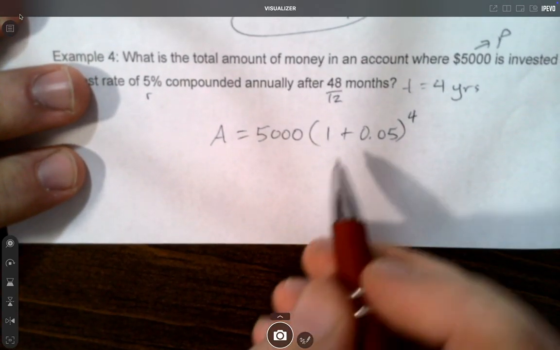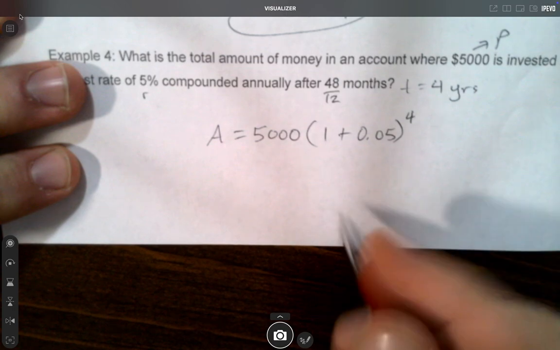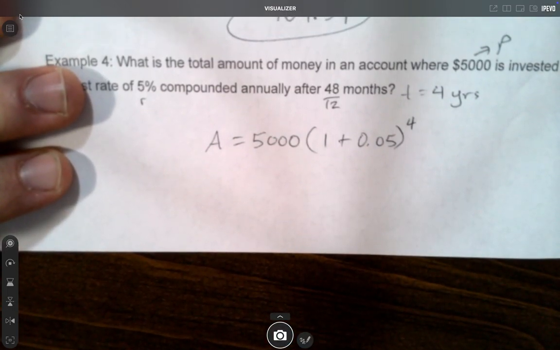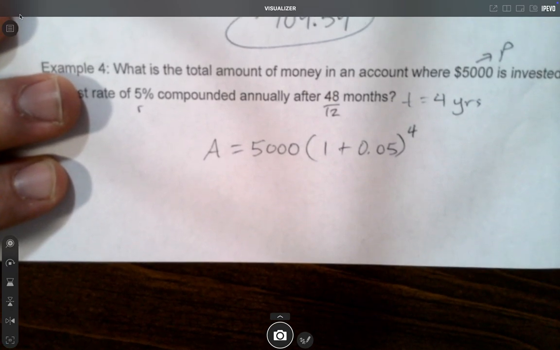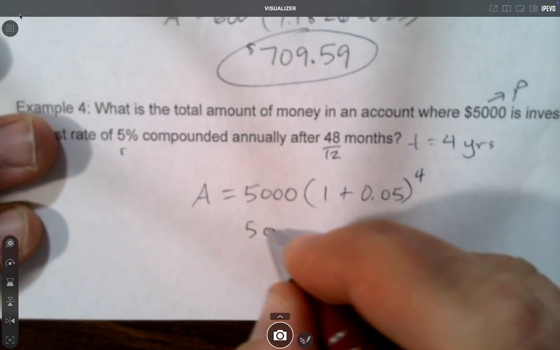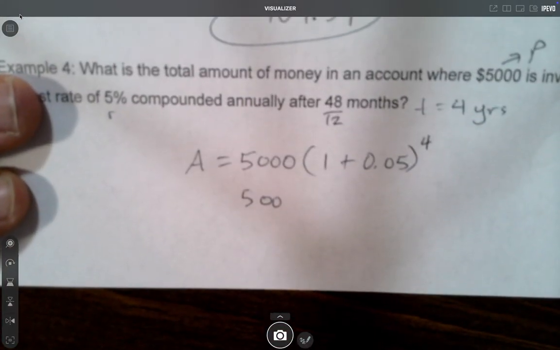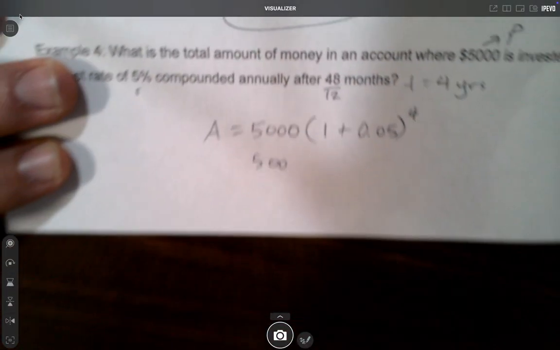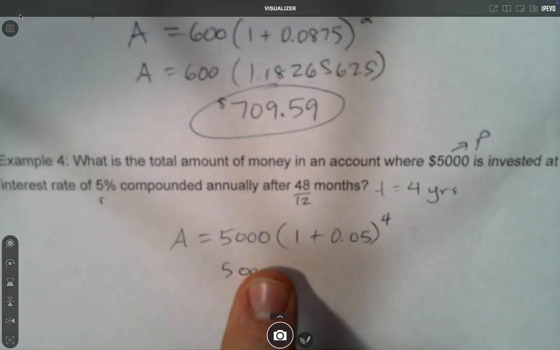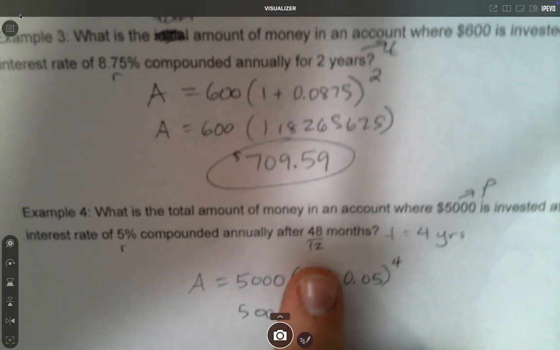This part. So we start by hitting 1 plus 0.05, which is 1.05. So hit enter or equals. Then use the X to the Y button to raise it to the 4th power. And you end up, I've never had this happen before. I don't know if I can hold it while I'm doing this or not.